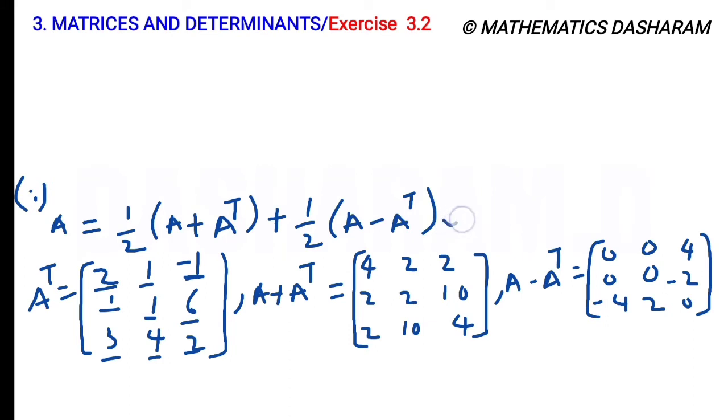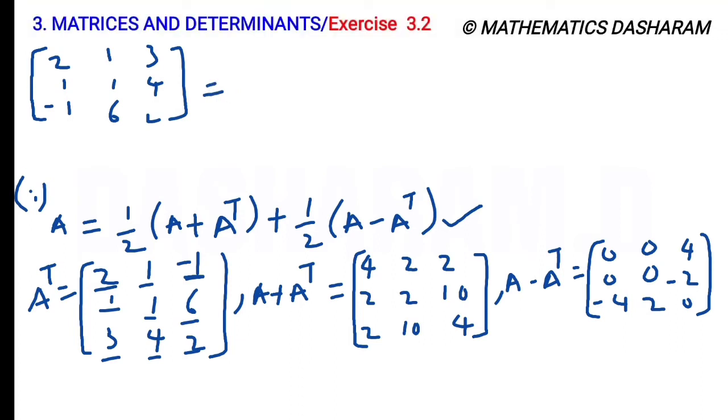So let's use this condition now. Here A means the given matrix. What is the given matrix? 2, 1, minus 1, 1, 1, 6, 3, 4, 2 is the given matrix.